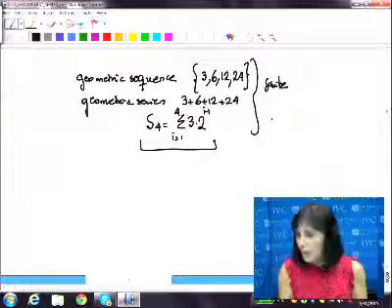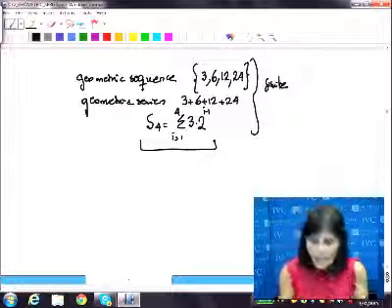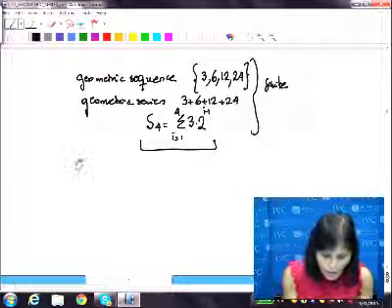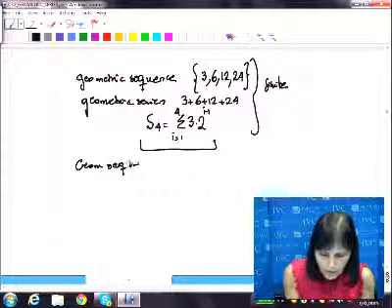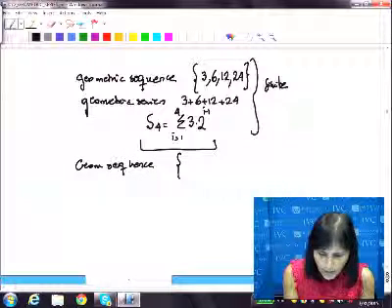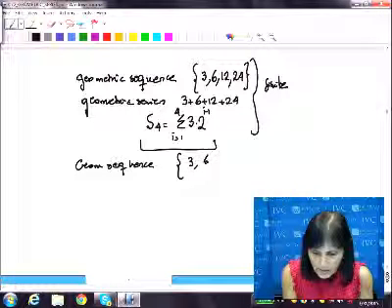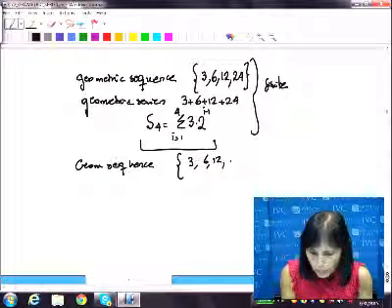So what's the difference between finite and infinite? Infinite means it goes forever. So I may have a geometric sequence that's infinite. It would look like this: 3, 6, 12, and then people would go dot, dot, dot.